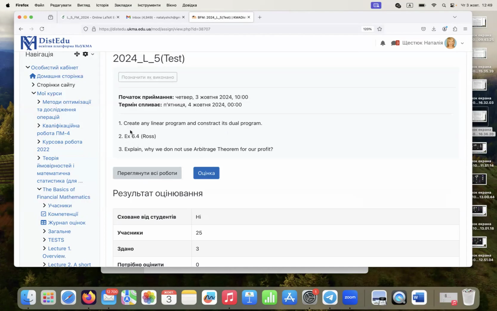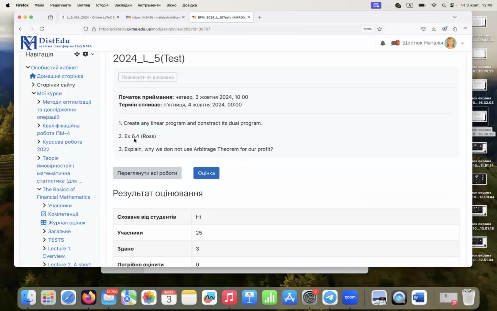After that, exercise 6.4 from Ross's handbook: I will show you, and please explain why we don't use the arbitrage theorem for our profit. Maybe you already explained, but please write this.